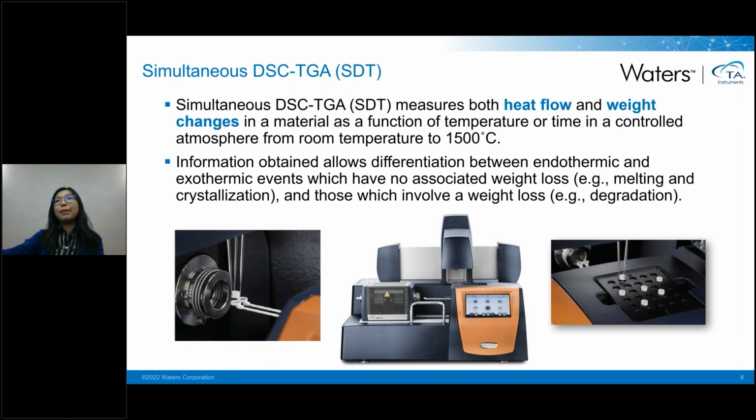So you can understand whether the heat flow event is because of melting or crystallization, where typically no weight loss occurs, or due to degradation of the material, which often involves a weight loss event. That gives you a great advantage in measuring both signals at the same time.